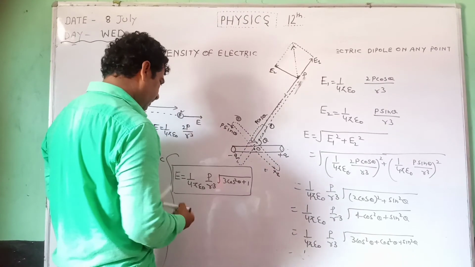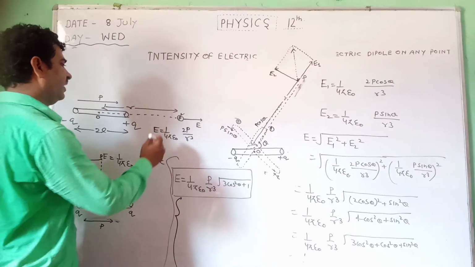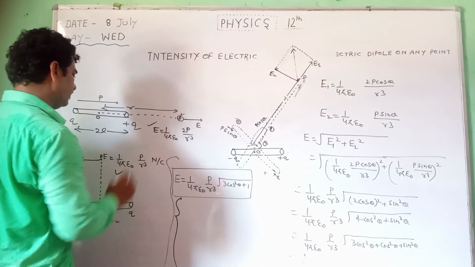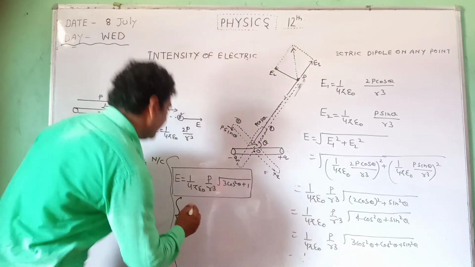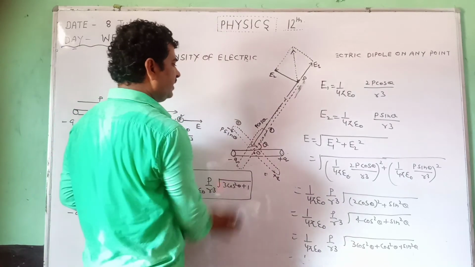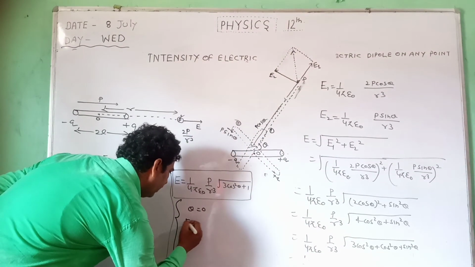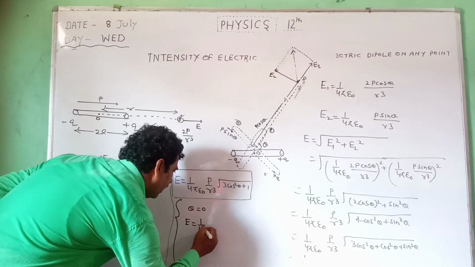My dear students, with the help of this formula, we can also derive the earlier formulas. If theta is equal to 0 degree, then we will get the formula of the axial line.